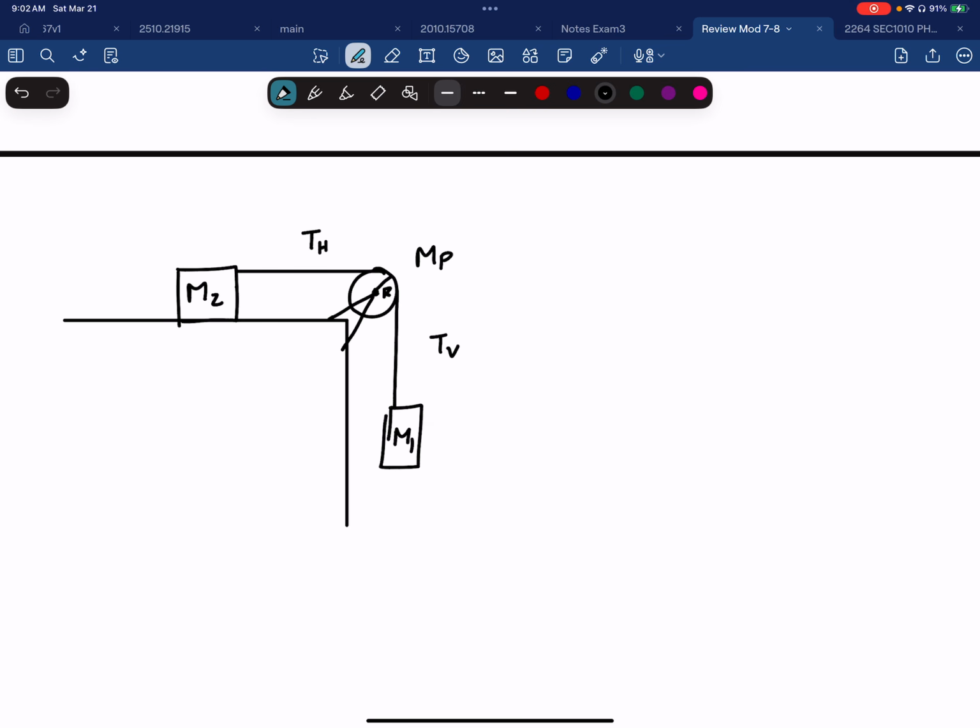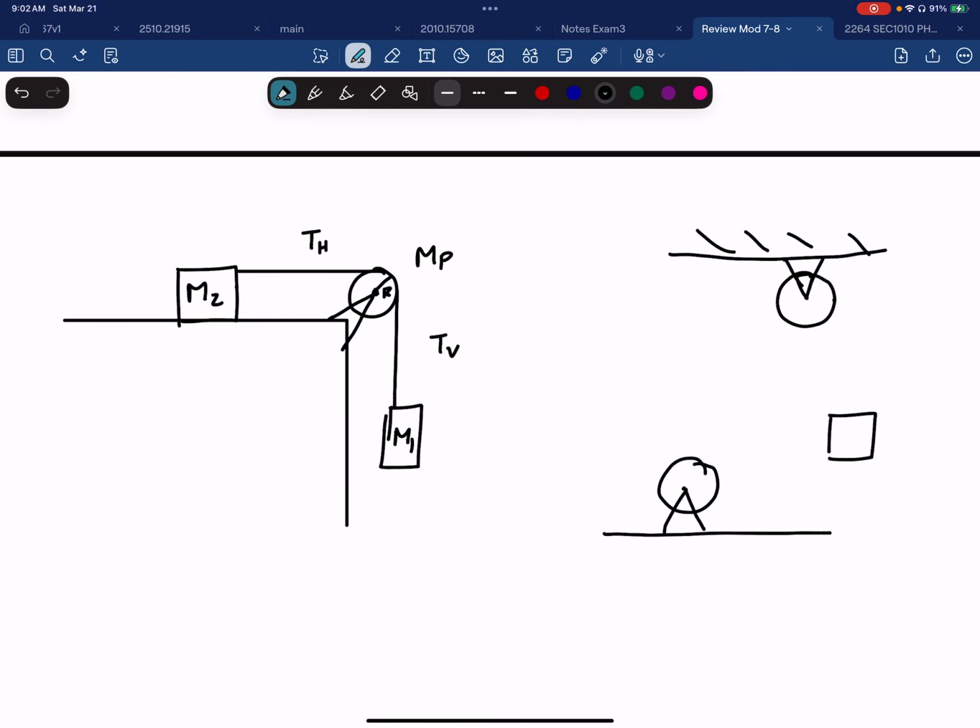Okay, and let me also give you a secondary problem. So you have two pulleys, one at the ground and one on the top, and then there's a box here.